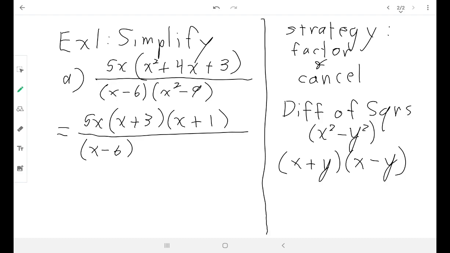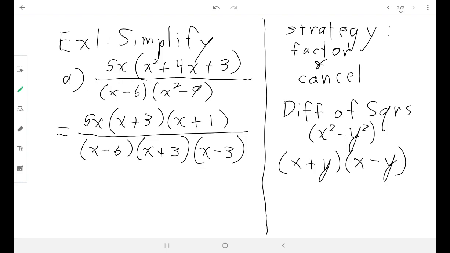So I've got an x squared here, I've got the minus, and I've got the 9. If I take the square roots of everything, the square root of x squared is x, and the square root of 9 is 3. So if I put an x and a 3 in each, and a plus for one of them and a minus for the other, there I have factored that difference of squares.